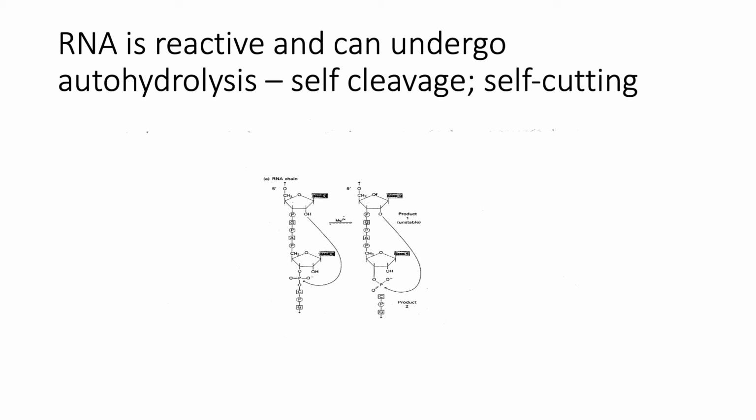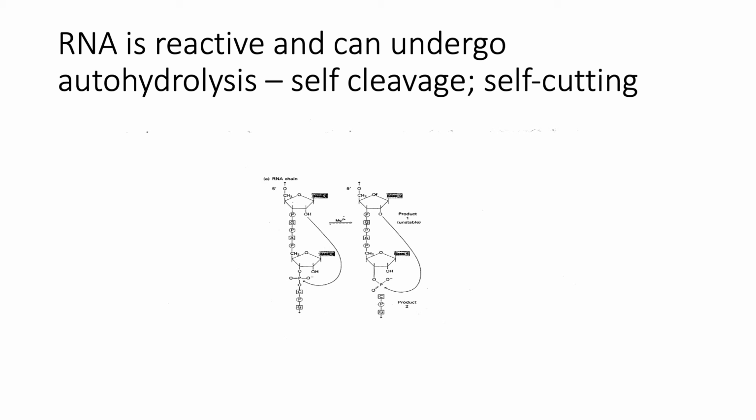And what happens is if you have a long stretch of RNA, then with that spacing, the molecule can bend and kind of loop around. So that 2' hydroxyl can react with the phosphate below, and there's that line with the arrow. It can react with the phosphate below and cleave that phosphodiester bond and make a new linkage where you have the phosphate attached to the 2' hydroxyl. It makes kind of like a circular molecule.